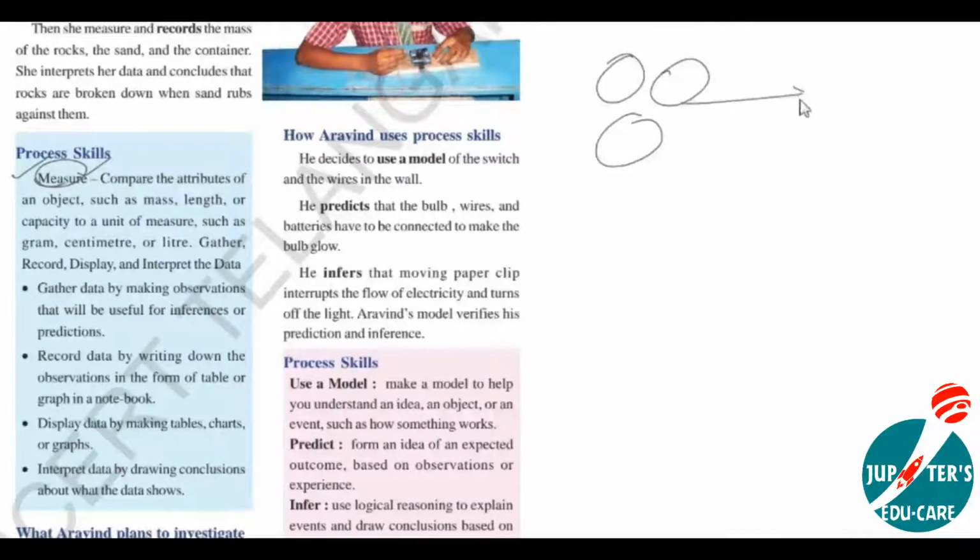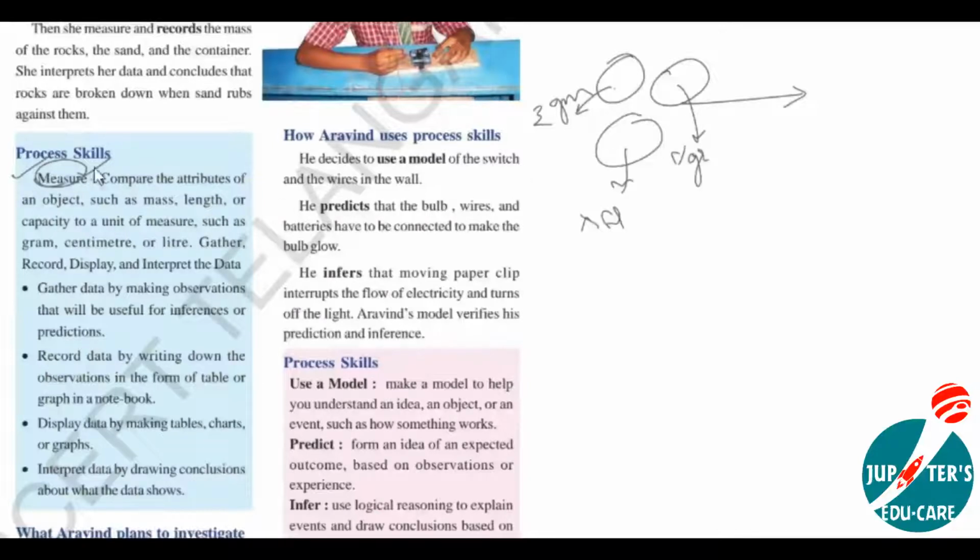So before doing the experiment, she first has to measure the rocks. This one weighs some grams, this rock also weighs some grams, and this one some grams: x, y, z. Like this she will get some data. So first she has to measure this.